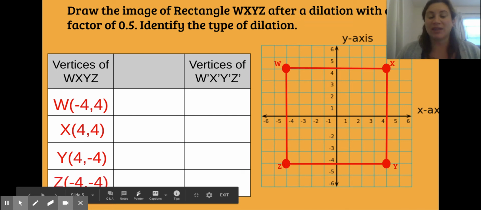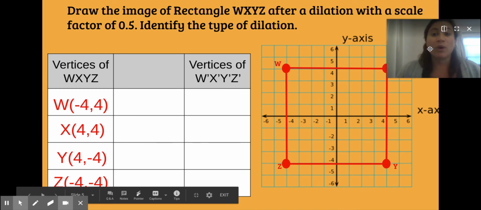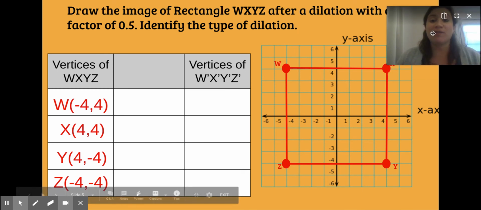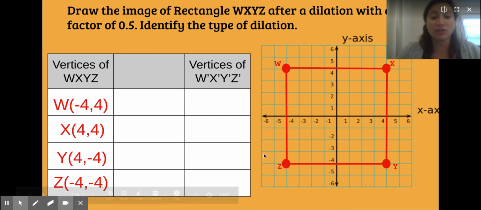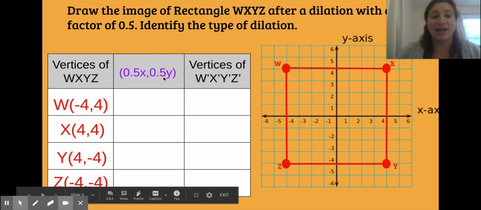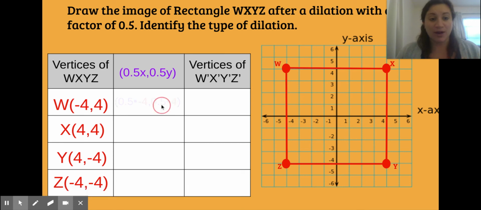Then we have to think about our scale factor. Our scale factor was 0.5, which means we are going to multiply the X and the Y value of these original vertices by 0.5, okay? So to find W prime, you take -4, 4, and you multiply each of those values by 1/2, which is the same as dividing by 2.